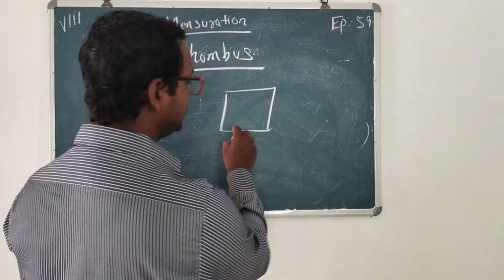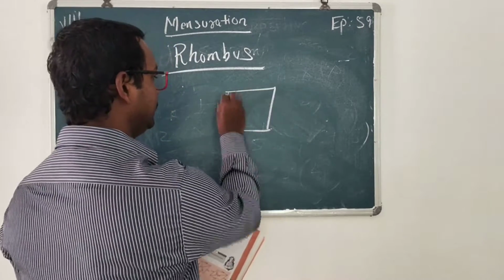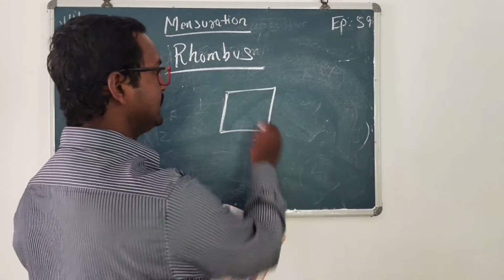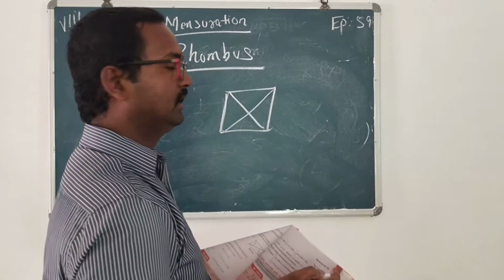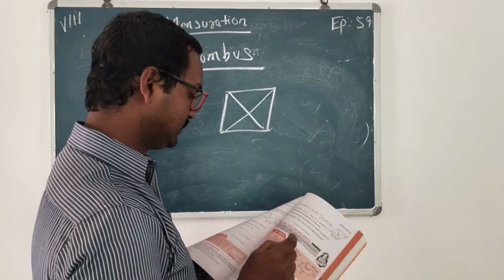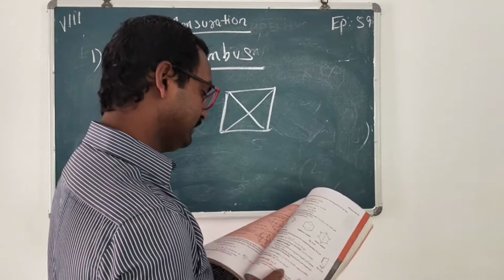It is like a square, but the only difference is that the diagonals are of different length.